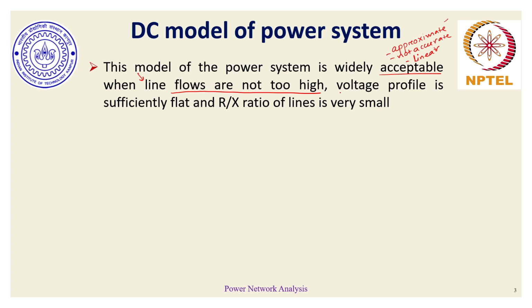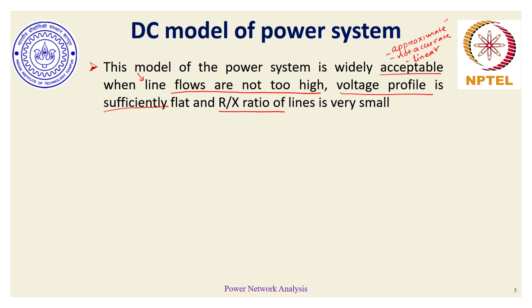The voltage profile under that condition would be more or less flat, because flows are less, load is less, and the source is already there. The lines do not have to carry a significant amount of current, and the potential difference need not be high across those lines. And the important part is that the corresponding R by X ratio is very small. This is only for transmission lines.